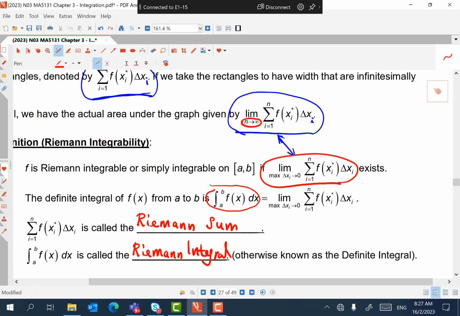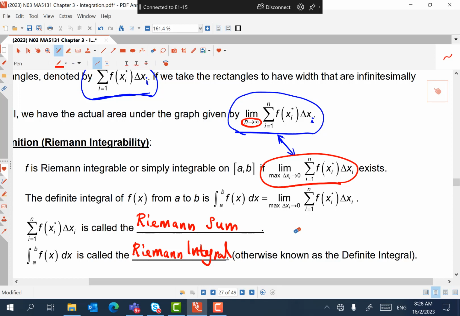But all I'm telling you here is, actually, this has a more formal definition like this. So it's kind of, hey, you are seeing the other side of the definite integral. When you're first introduced to this notation, you have a certain understanding. Now you're seeing the same thing from a different side of the same coin.